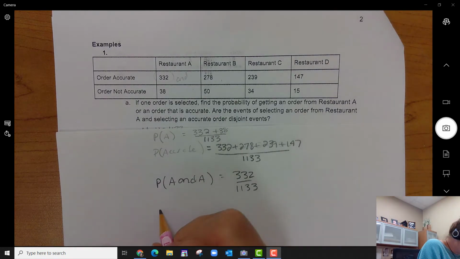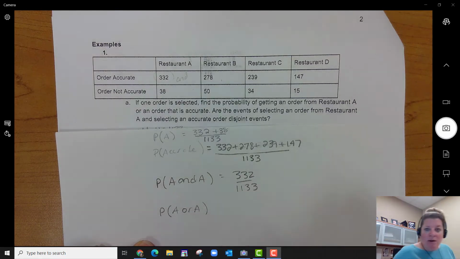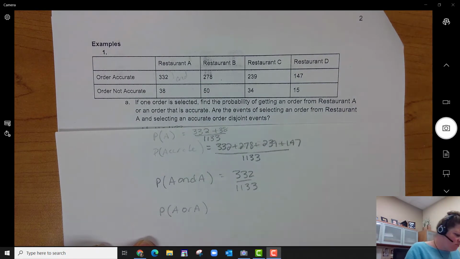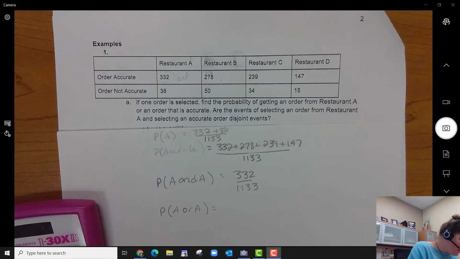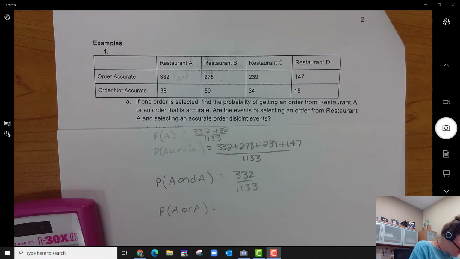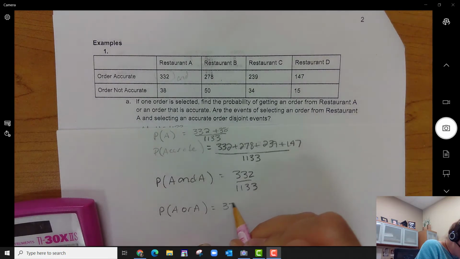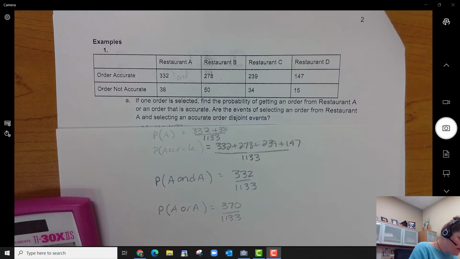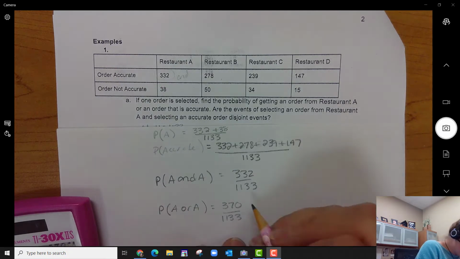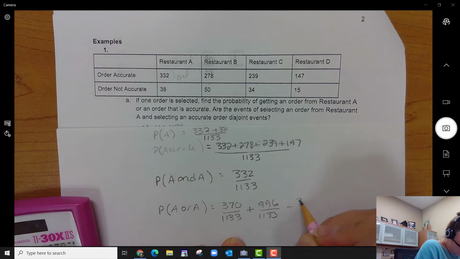So the probability of restaurant A or accurate, just being lazy, not writing it all the way out, will be if I add these two: 332 plus 38, and I get 370 out of 1133, and then 332 plus 278 plus 239 plus 147 is going to give me 996 over 1133, and we subtract off what we double counted.